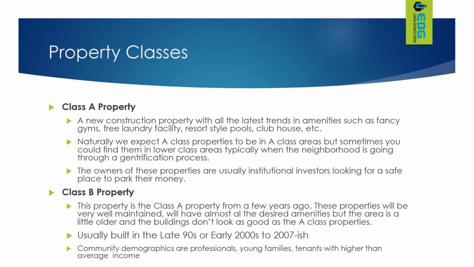When we look at a property itself, at the buildings, the construction, the A class properties are usually less than 2-3 years old. It will have beautiful pools, like resort style. Might even have a bar next to the pool.